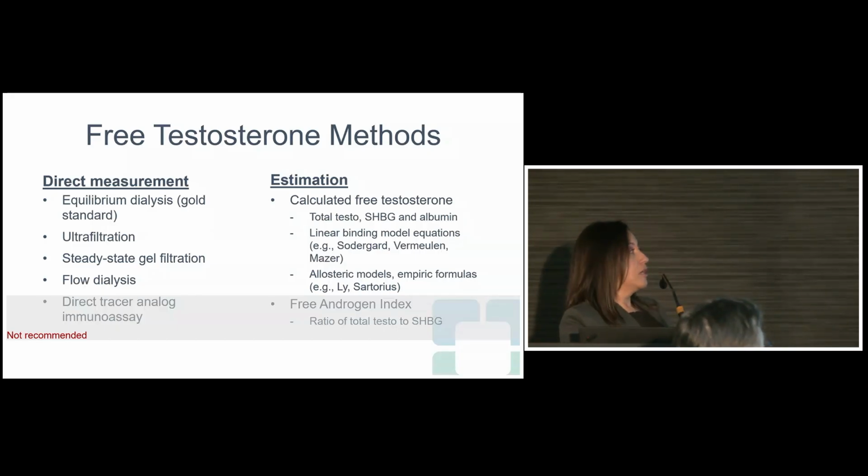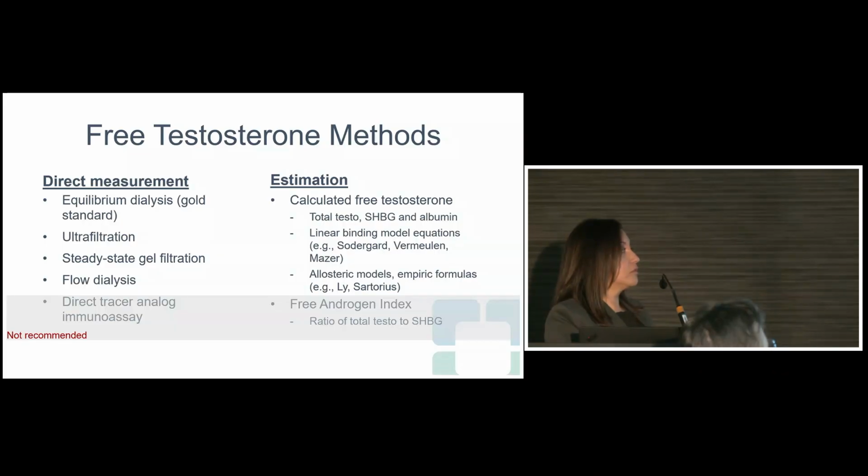And there are also two divergent groups of equations. The ones that assume a linear binding model in the relationship of total testosterone and free testosterone include equations like the ones that we very commonly use in our laboratories, the Vermeulen equation.